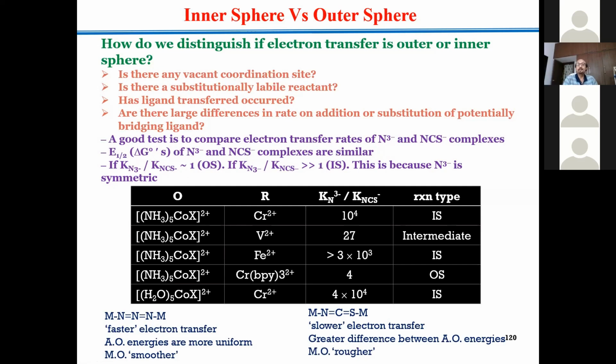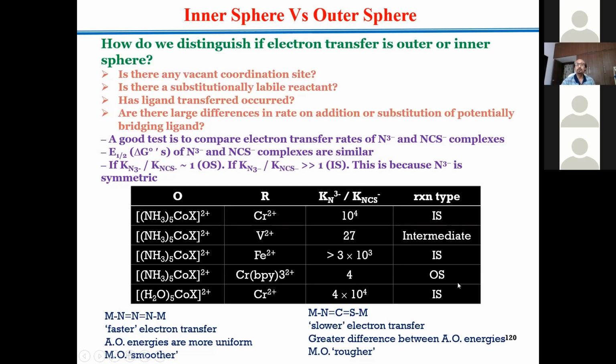As a result, it won't allow the formation of the bridged compound. If it doesn't allow that, then in what way should we expect the inner sphere mechanism? It is very nicely reflected in the ratio. Both processes have basically the same rate, and that means it is outer sphere.